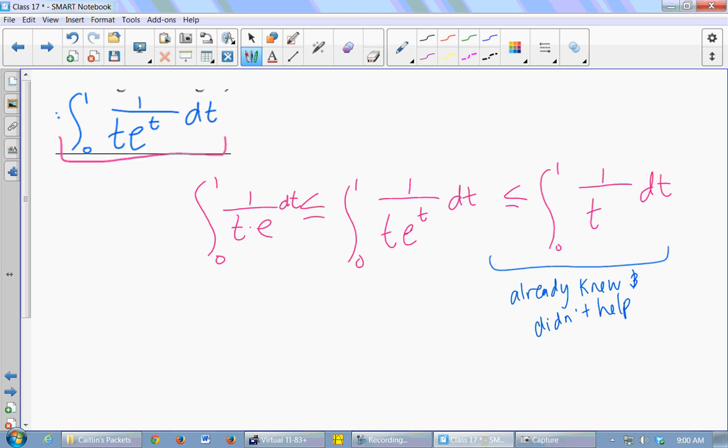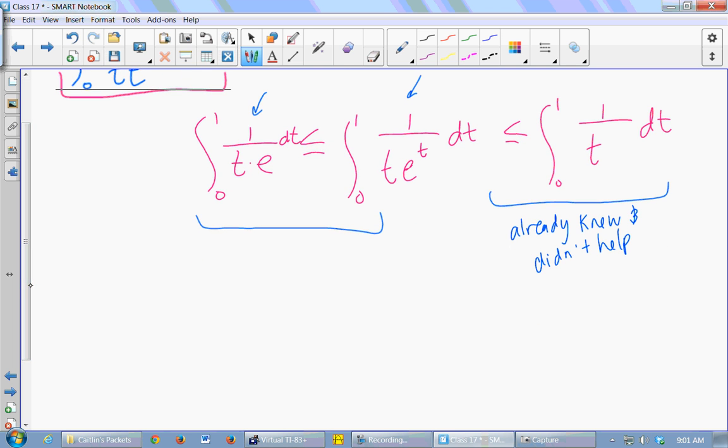But this part, you might have to think a little bit about why that inequality is true. You could graph them both, plug in some values, just convince yourself that this function is always smaller than this function. And then take a closer look at this integral here.